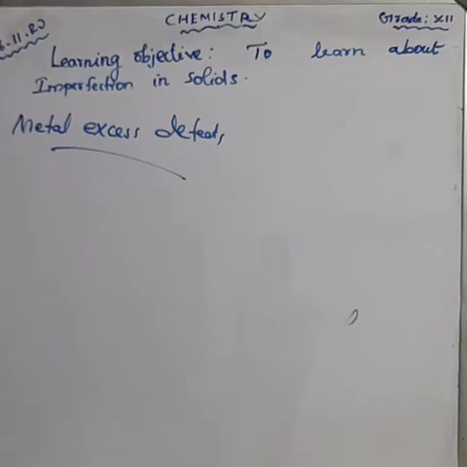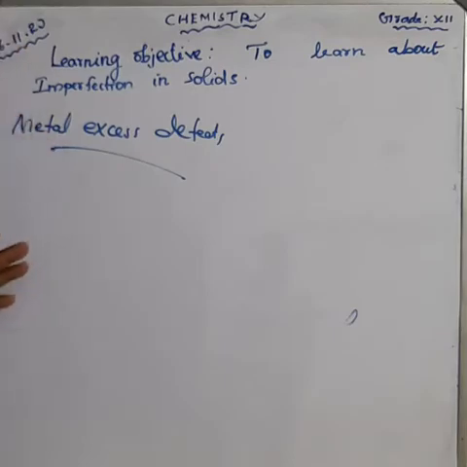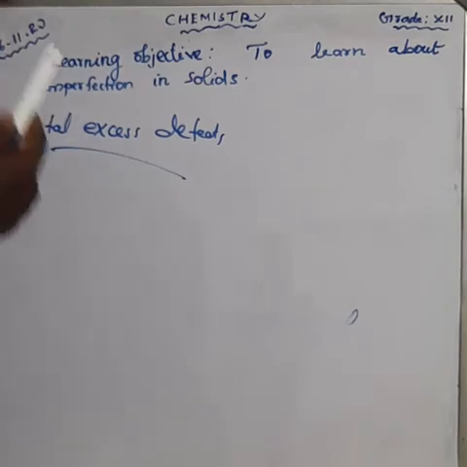Schottky and Frenkel defects are stoichiometric defects, while the metal excess defect and metal deficient defect are non-stoichiometric. Here the metal excess defect arises due to the presence of more metal ions as compared to the anion.